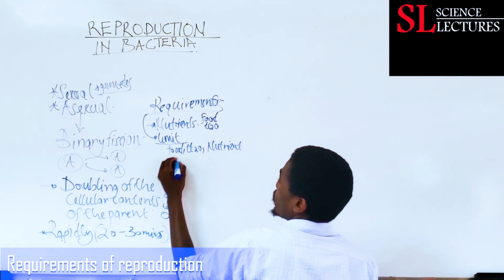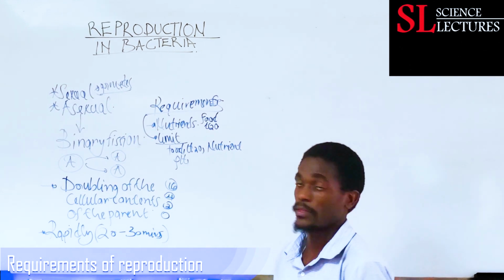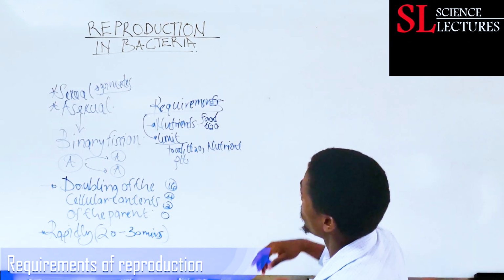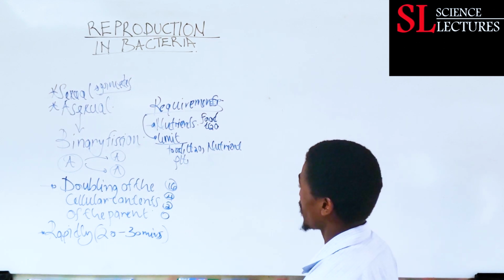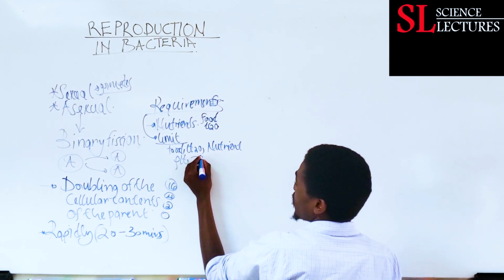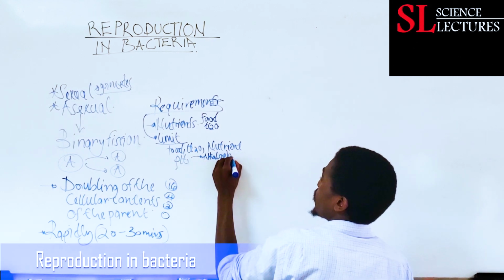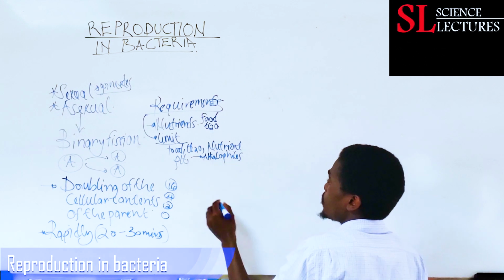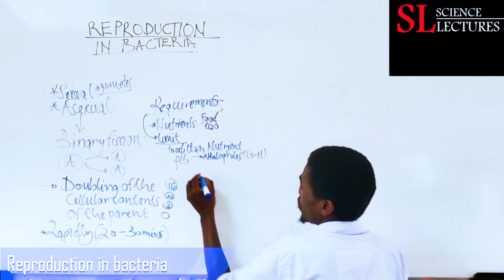Then the pH is unfavorable for them, because all bacteria have a specific pH at which they thrive. Some like a very high pH, some like moderate pH. Those that require very high pH, around 10 to 11, are alkalophiles.